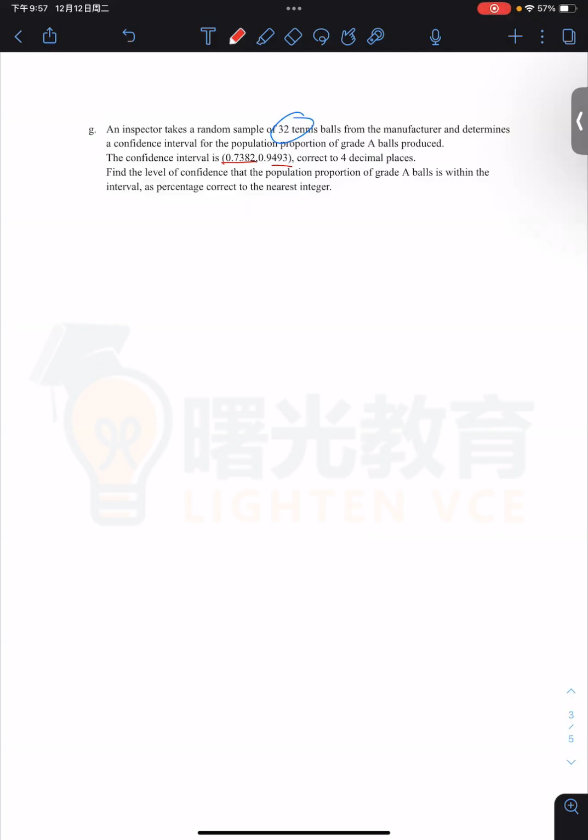Now, for the population proportions, the confidence interval is p hat minus the margin error, which is the corresponding z-score times the square root of p hat times 1 minus p hat out of the trial number, the sample number, right?